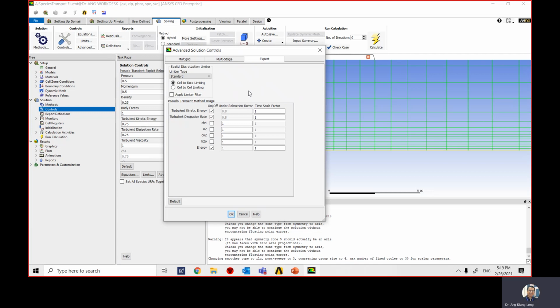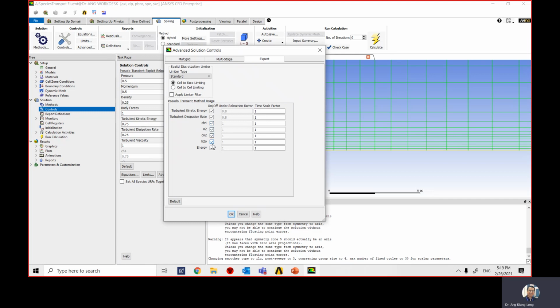In the expert tab here, you will see a spatial discretization limiter, and you will see the pseudo transient method for your kinetic energy, dissipation rate, energy, and you see that the species is over here, right? We're going to activate the solution to calculate our methane, CH4, oxygen, carbon dioxide, and water.